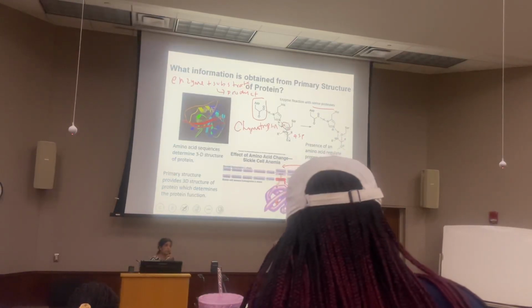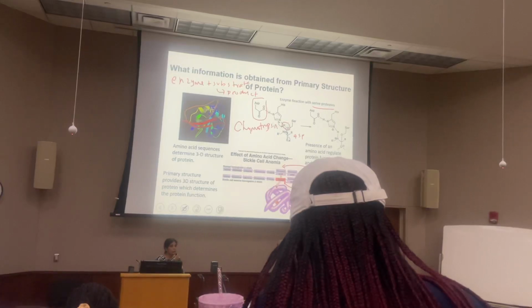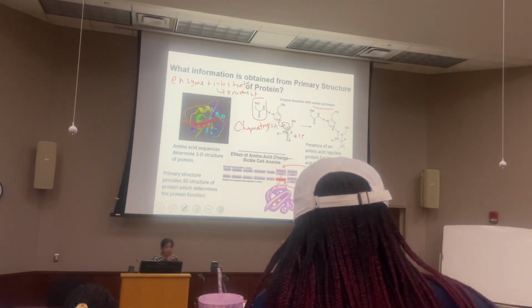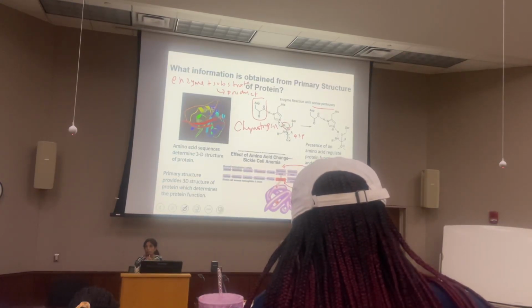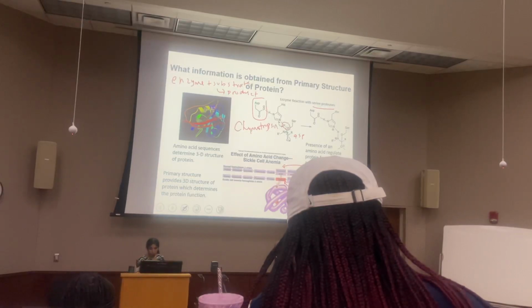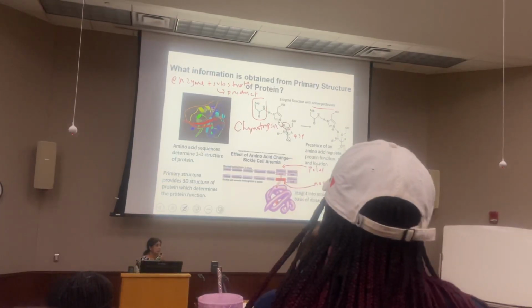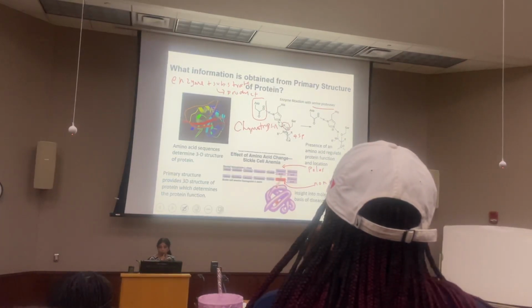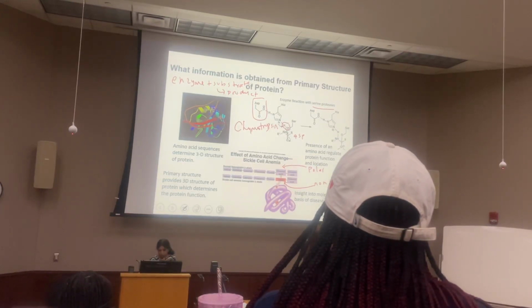Changing this one amino acid from polar to nonpolar completely changes the structure of that hemoglobin, and that's going to cause what's called sickle cell anemia. You really need to know those amino acids. They just have to come very quickly: 1-letter codes, 3-letter codes, and polar or nonpolar structure-wise.